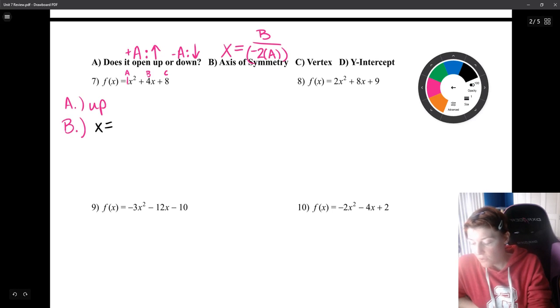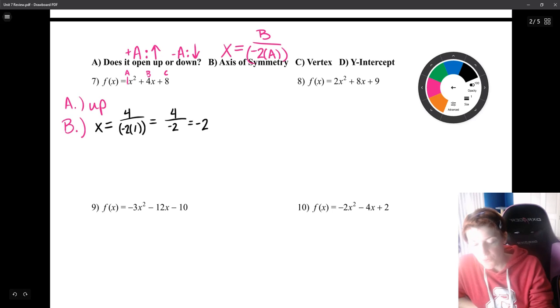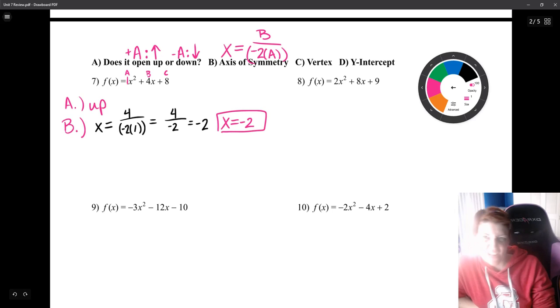So x equals, B is 4 divided by negative 2 times A, which is 1. So 4 over negative 2 is negative 2. So your full answer for part B is x equals negative 2. I'll just box that one to help you.